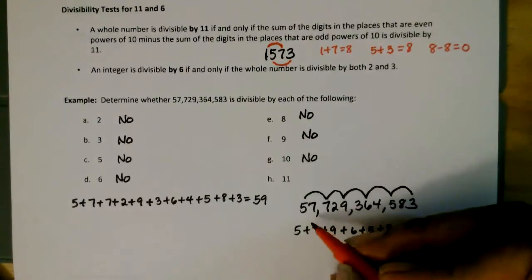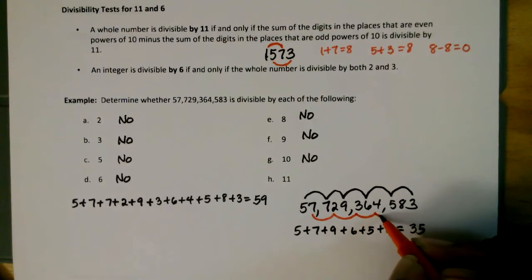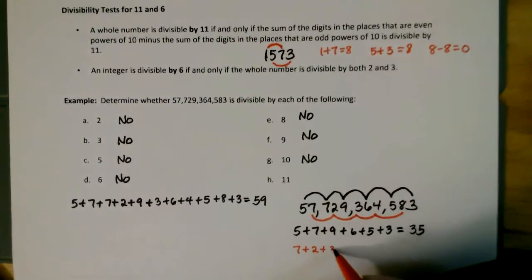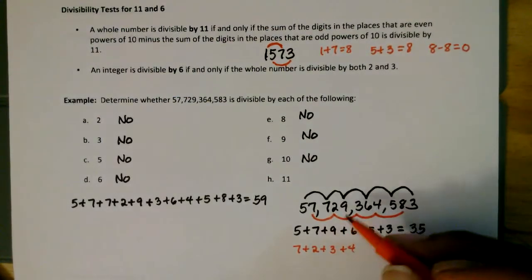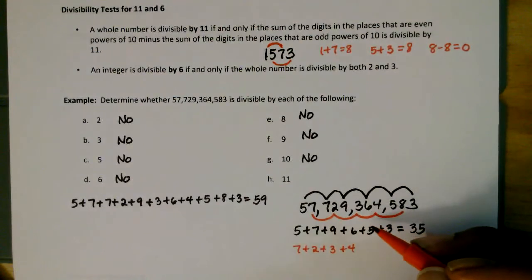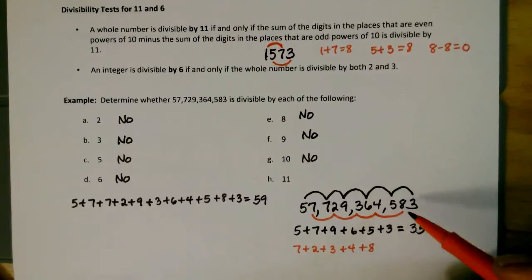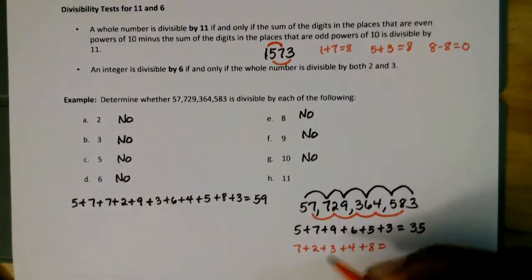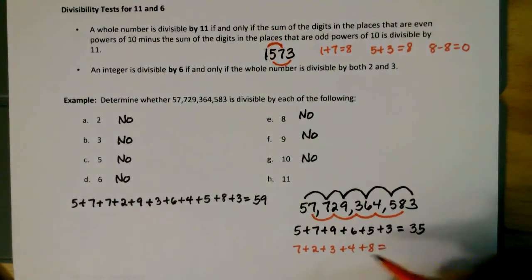And then I'm going to add the remaining numbers here, the 7, 2, 3, 4, and 8. Okay, 7 plus 2 is 9, plus 3 is 12, plus 4 is 16, plus 8 is 24.